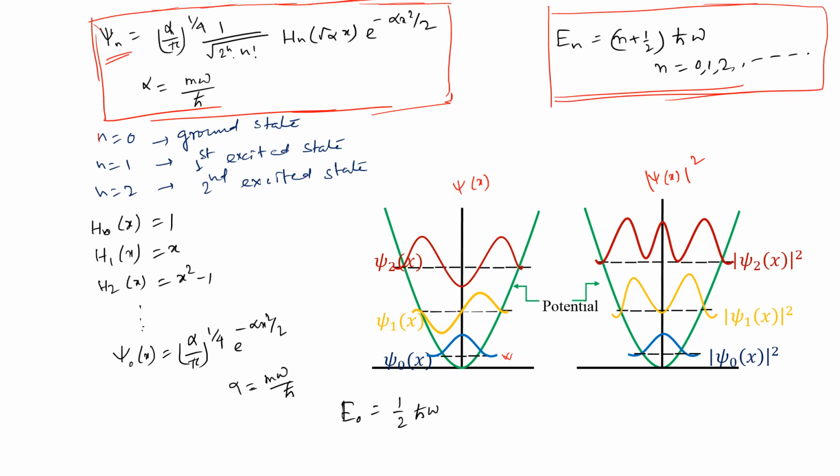So let's check how this follows the Heisenberg uncertainty principle. We know that delta p delta x equals h cut by 2. This is the Heisenberg uncertainty principle. Now I am interested in what happens for the harmonic oscillator. The energy of the harmonic oscillator is E equals p square by 2m plus half m omega square x square.